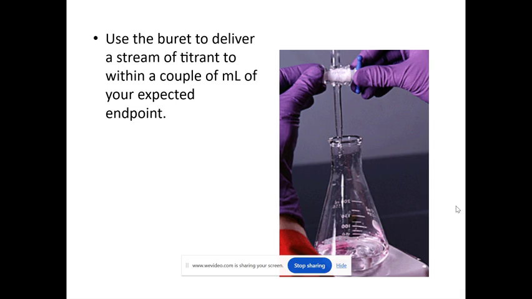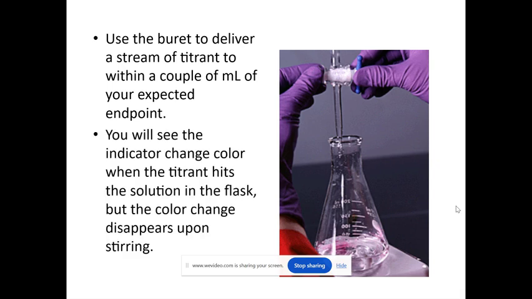It's thin, kind of delicate glass, and if you bang it against the flask, it's going to break. And we just got all new burettes about 2 or 3 years ago, and as far as I know, they're all still good. So we want to make sure we're taking care of them.